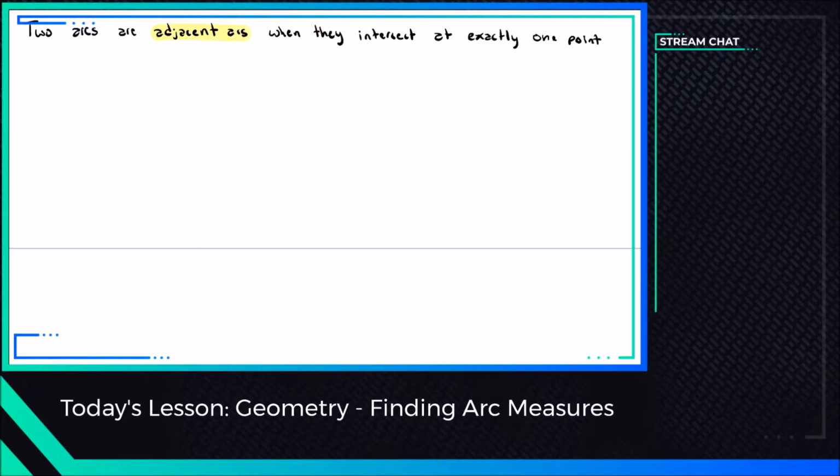And we're going to use adjacent arcs in Postulate 10.1. And remember, a postulate is a given fact to be true. You don't have to prove it. And so this is going to be our arc addition postulate.